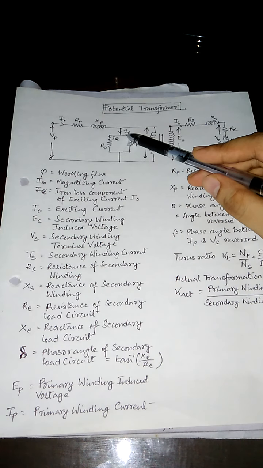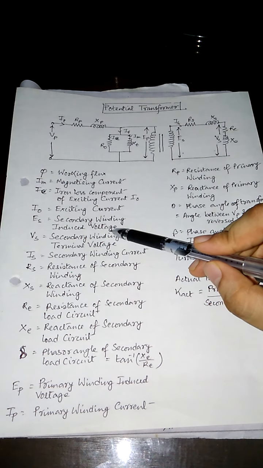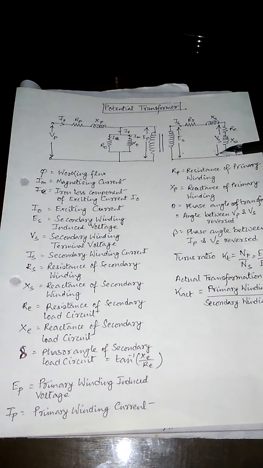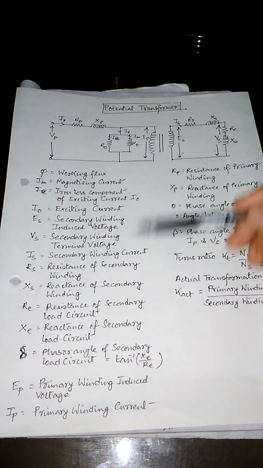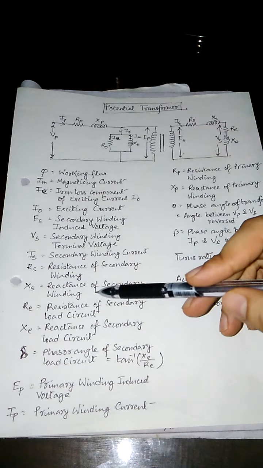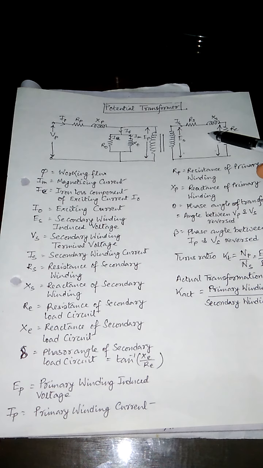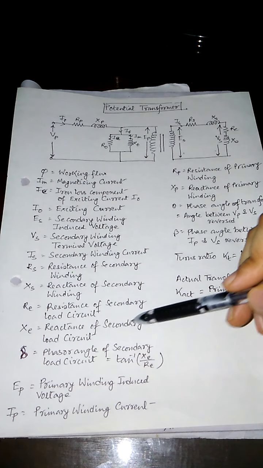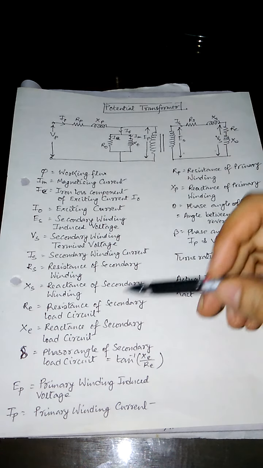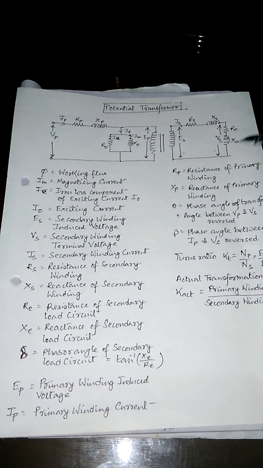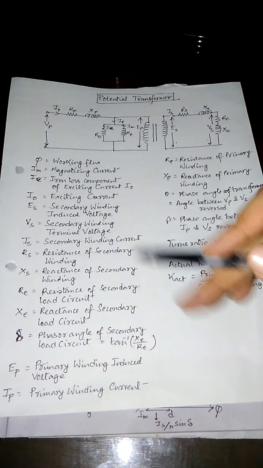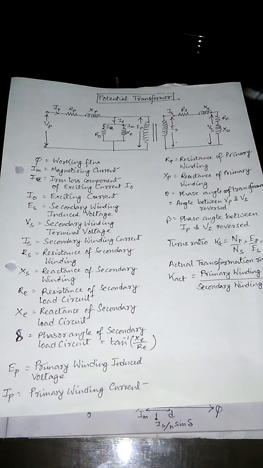ES is the secondary winding induced voltage, Vs is the secondary winding terminal voltage, Is is the secondary winding current, Rs is the resistance of the secondary winding, and Xs is the reactance of the secondary winding. Re is the resistance of the secondary load circuit, that means the meters connected here, Xe is the reactance of the secondary load circuit, and sigma is the phasor angle of the secondary load circuit.